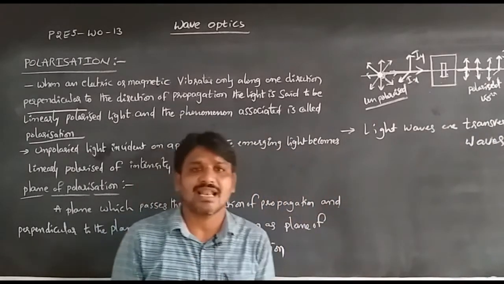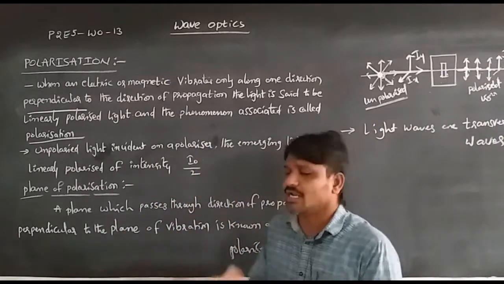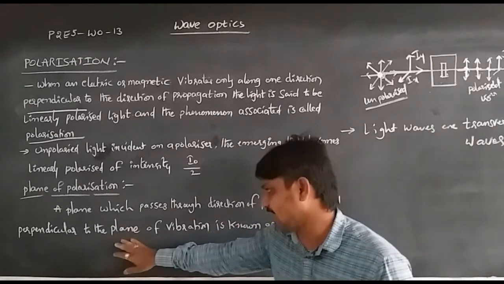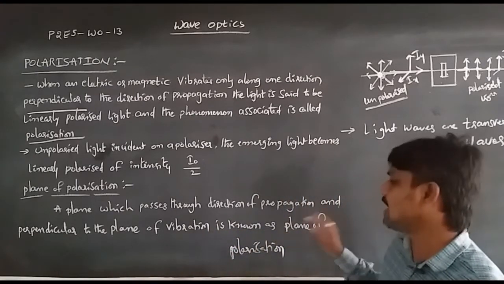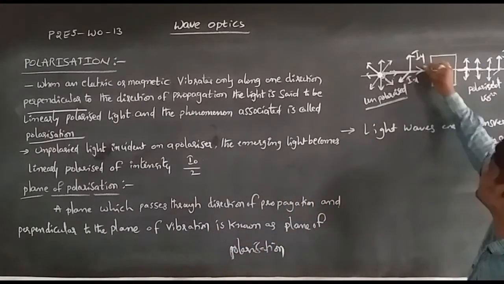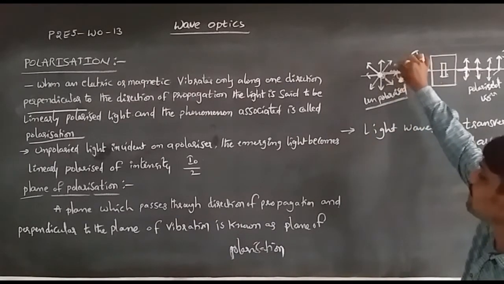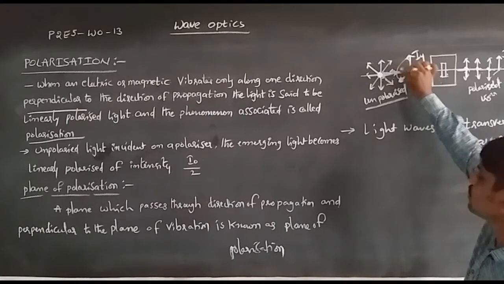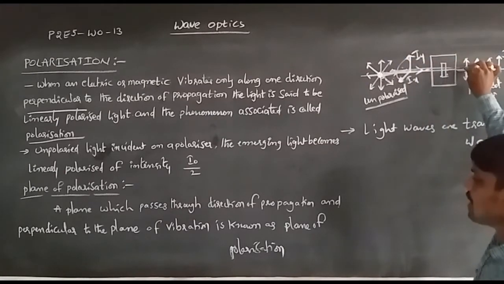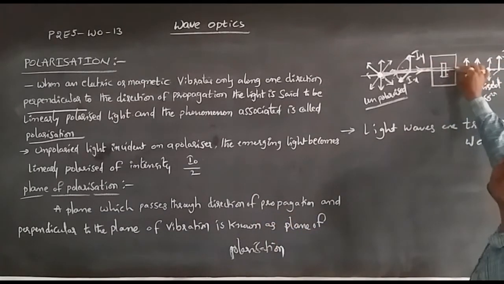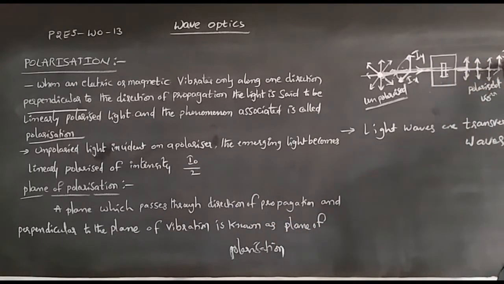When the light is traveling, a plane which passes through the direction of propagation and is perpendicular to the plane of vibration is known as the plane of polarization. The light is traveling with components Ix and Iy through this plane.